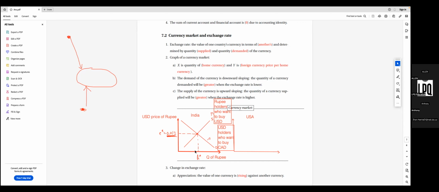Okay, this is a graph on your right hand side. Once again, supply curve, demand curve.